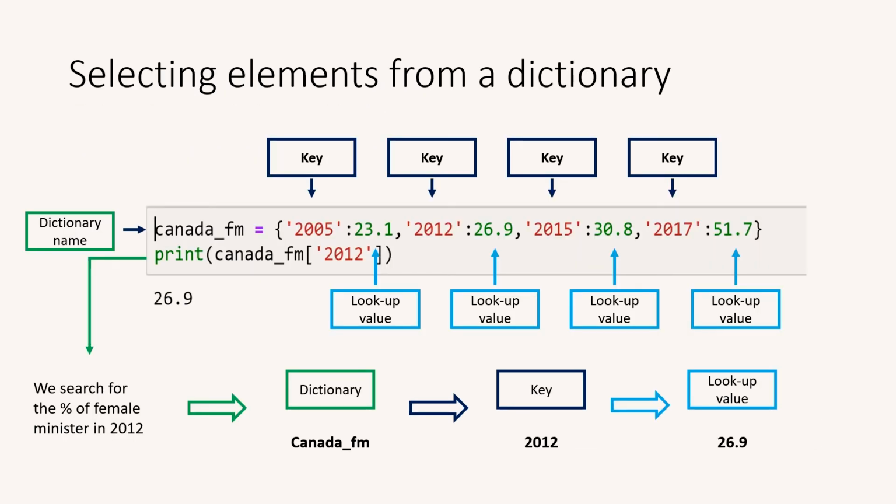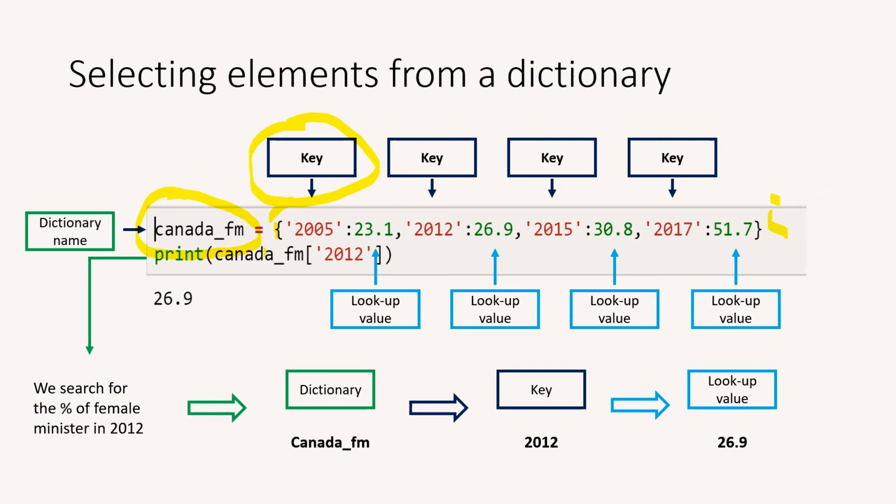Now let's have a little bit more visual deep dive into it. In the beginning, we define our dictionary name like we did with variables or with lists. After that, we open our dictionary by using the curly brackets. Then we always define a key and a value, and then we create a new key and a new value, and we always separate them by using a comma.